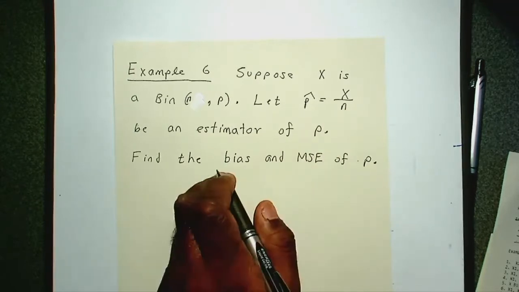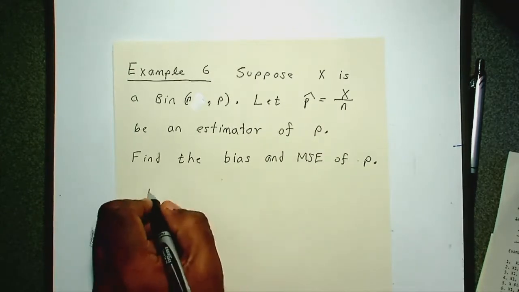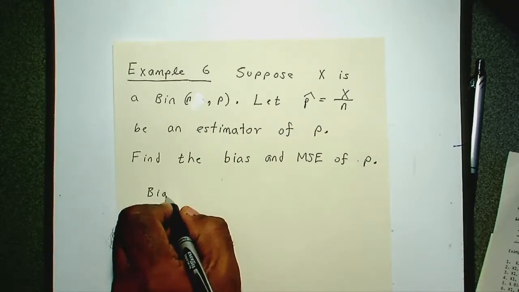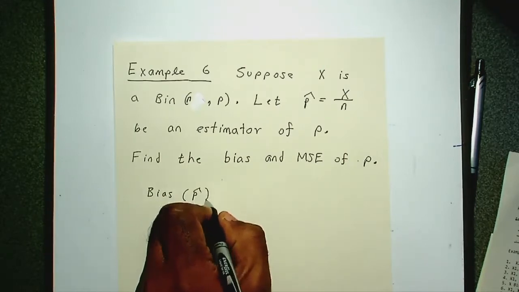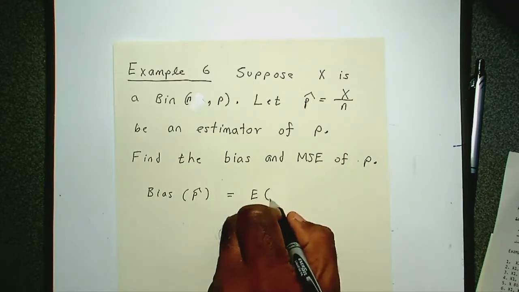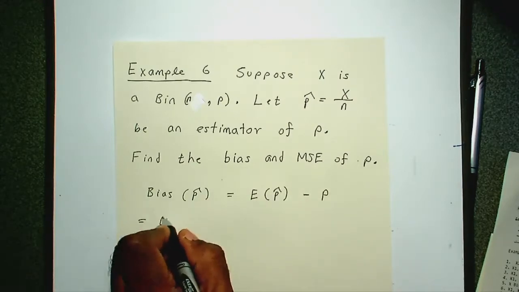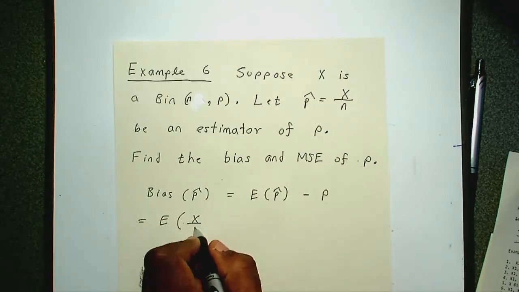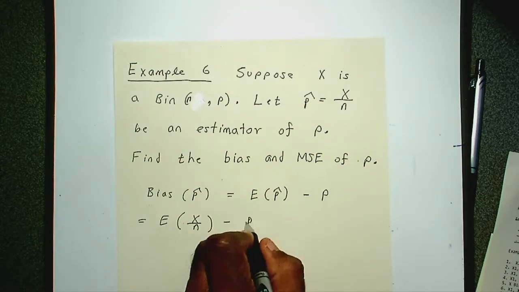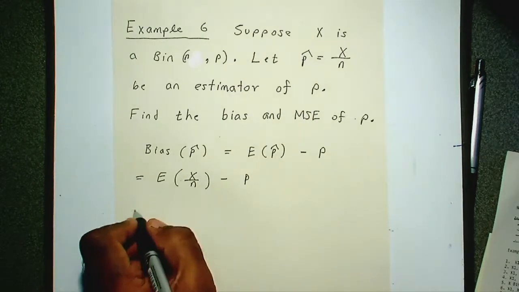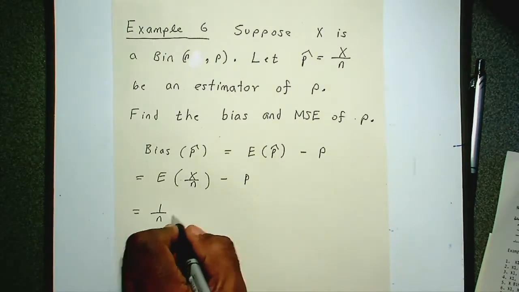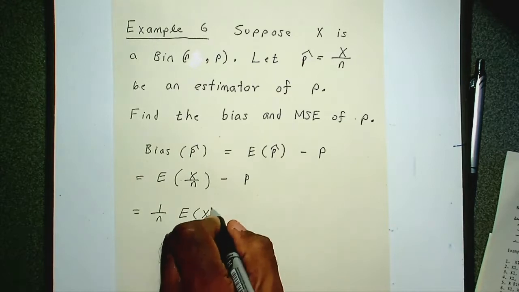So we want to find the bias and the MSE. So the bias of p hat is the expectation of p hat minus p, this is 1 over n times the expectation of x, minus p.